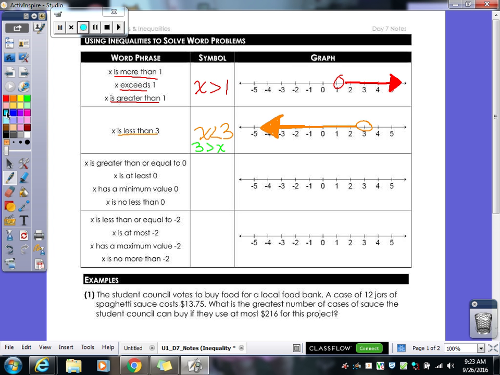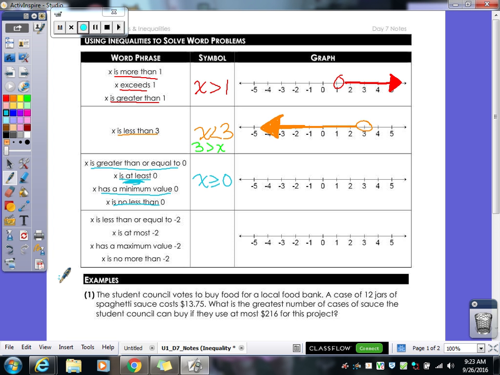Okay, for our next one, is greater than or equal to, is at least, has a minimum value, or is no less than. Those phrases tell you it's greater than or equal to. The one that gets most people is the at least. You see that phrase at least and you think to yourself, well, least sounds like less, so that needs to be a less than sign, but it's not true.